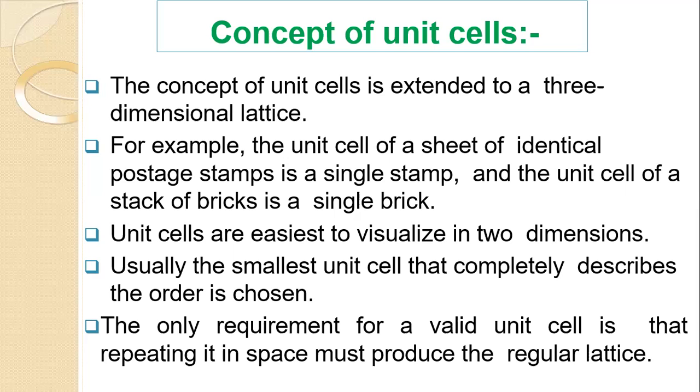These are the three different forms of structures which can be formed during the formation of the unit cell in a crystal. That is body centered cubic BCC, face centered cubic FCC, and hexagonal close packed structure HCP. So that is all about the concepts of unit cells.